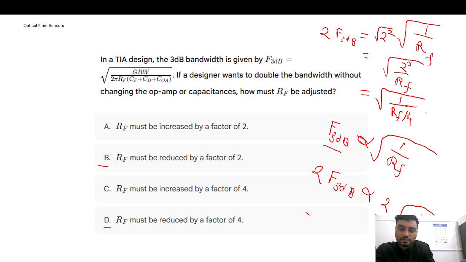So how much do we need to reduce it? Did you understand what I made? If you want to double the bandwidth, you need to reduce RF 4 times. This is the correct answer for that.